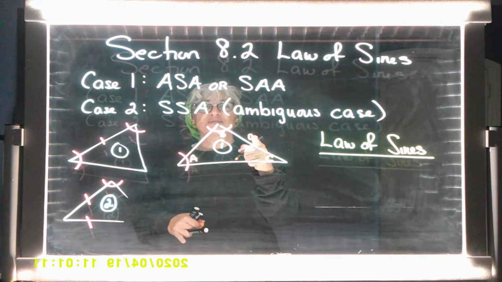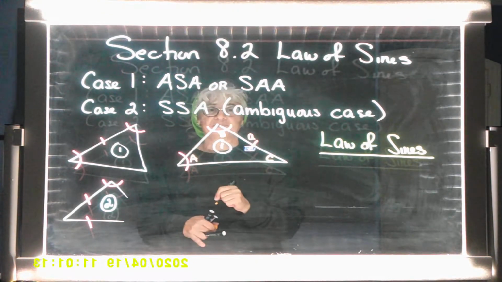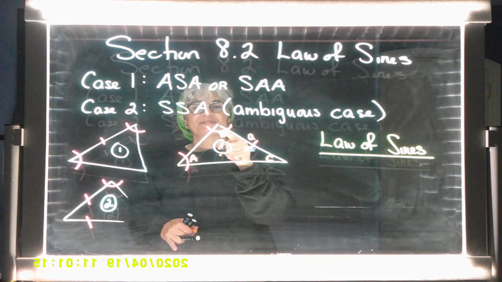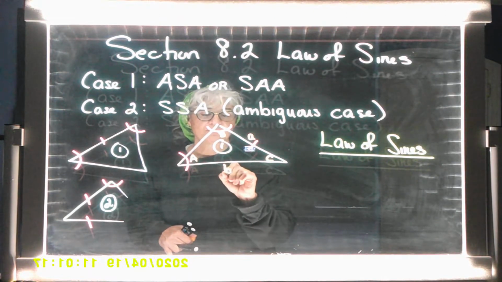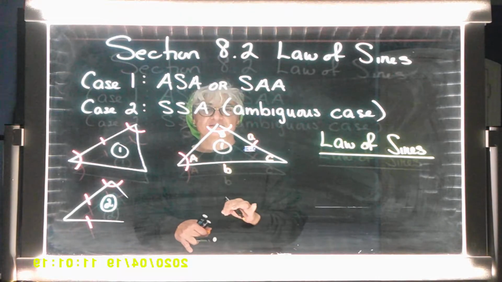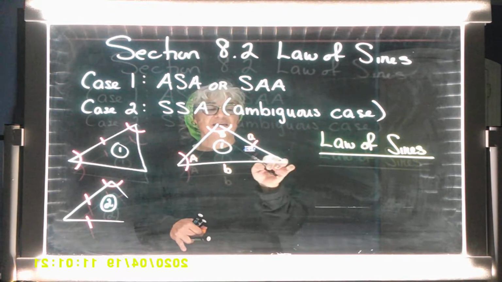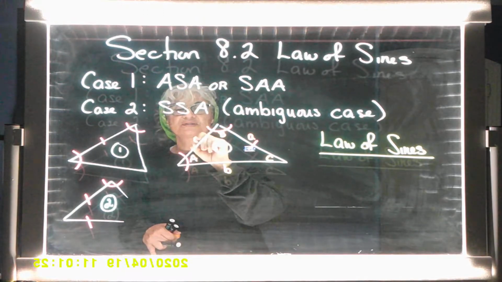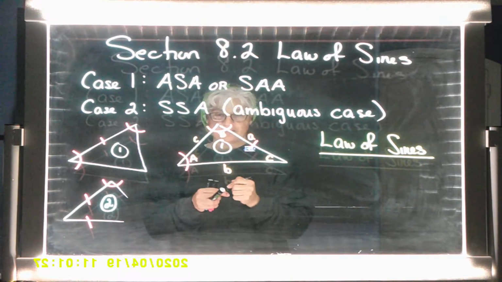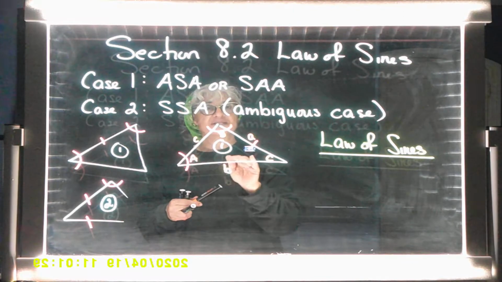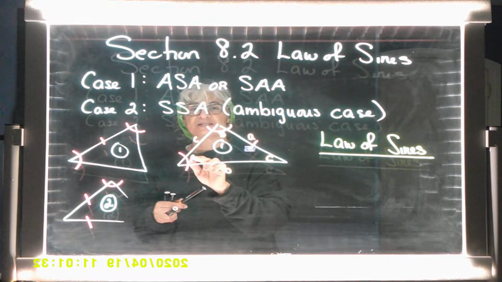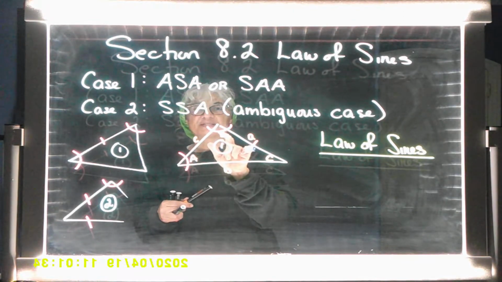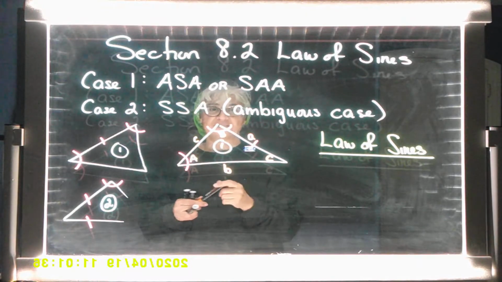Notice I'm using a little a versus a capital A. The side opposite angle B would be little b. Their corresponding sides. Okay? And the side opposite capital C is little c. Alright? These are called corresponding sides. The side opposite its angle.